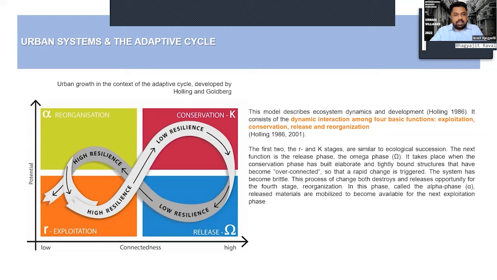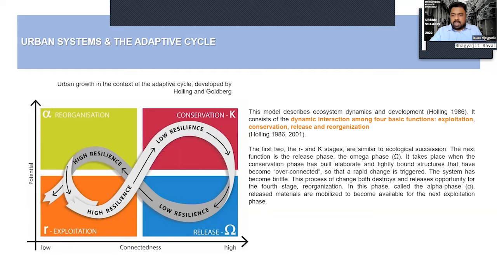The next function is the release phase, the omega phase. It takes place when the conservation phase has built elaborate and tightly bound structures that have become overconnected, so that a rapid change is triggered. The system has become brittle. This process of change both destroys and releases opportunity for the next cycle, which is reorganization. In this phase, called the alpha phase, the released materials are mobilized to become available for the next exploitation phase.